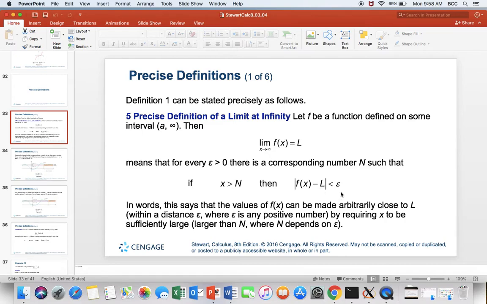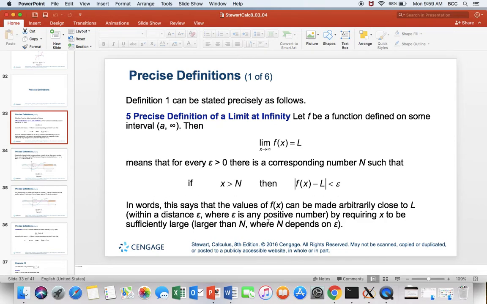absolute value of f(x) minus L is less than epsilon. What is the meaning of absolute value? It means the distance. Okay. f(x) minus L means the distance of f(x) from L. So absolute value of f(x) minus L geometrically means the distance between f(x) and L. So the distance between f(x) and L is less than a small number epsilon.